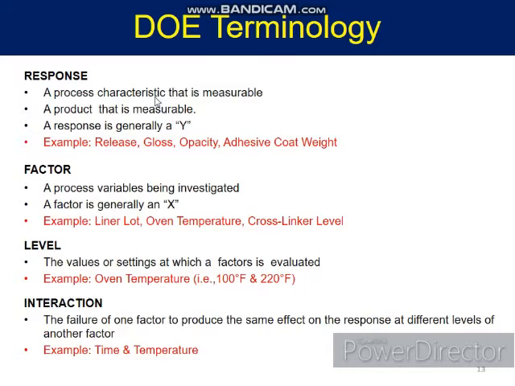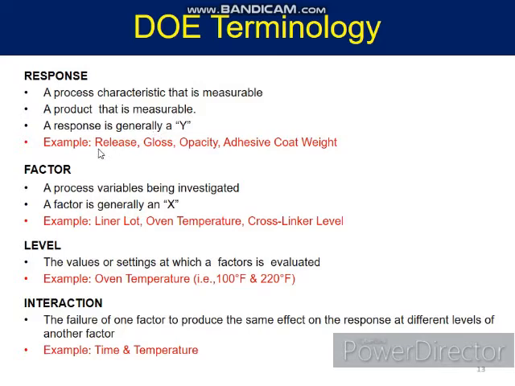So the response is generally a y. Usually if you come up with an equation, y equals something x plus something x plus something x, then the response is the y in the equation, in the model.